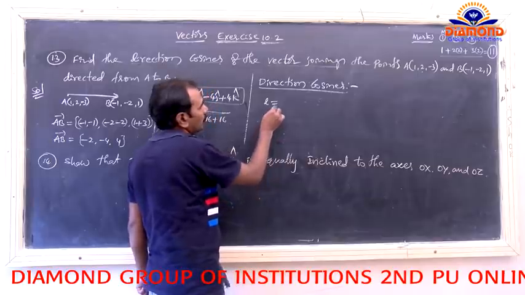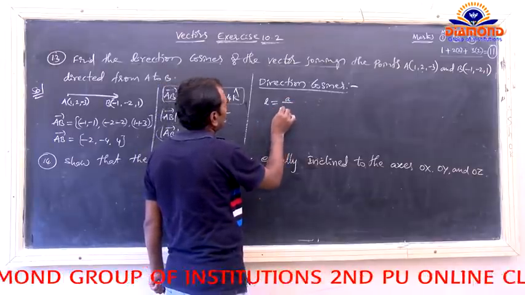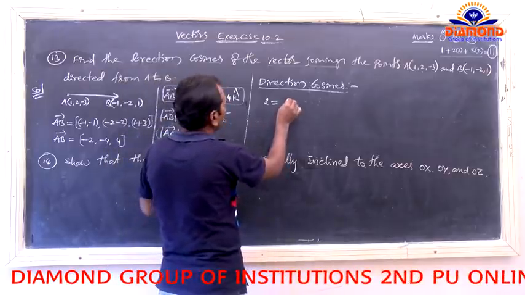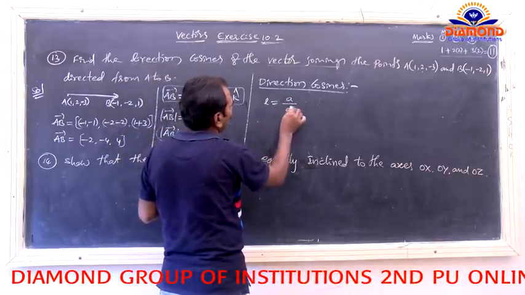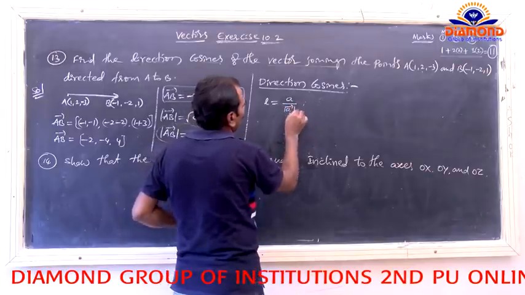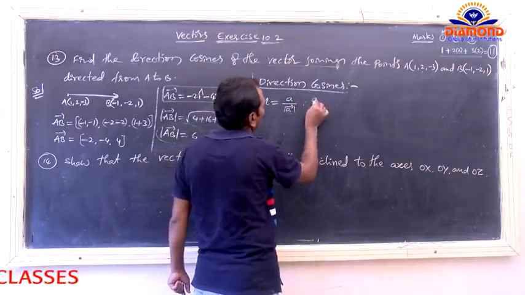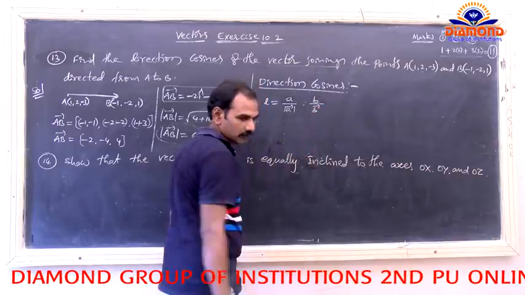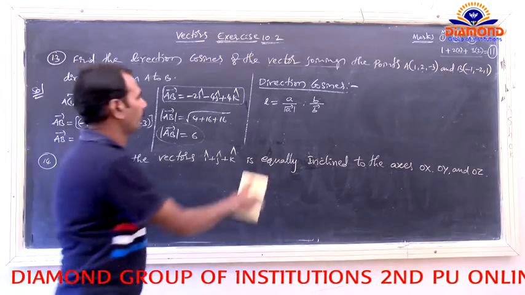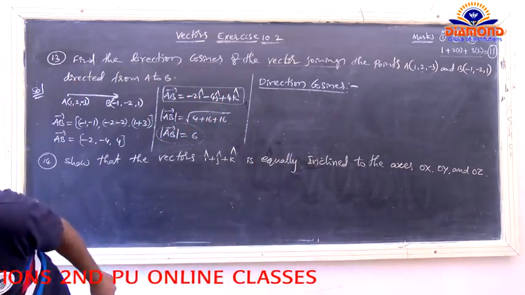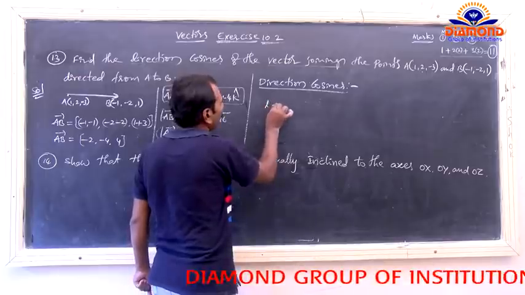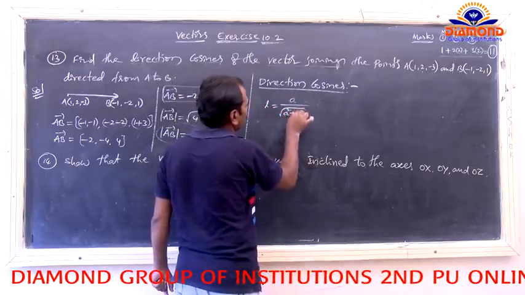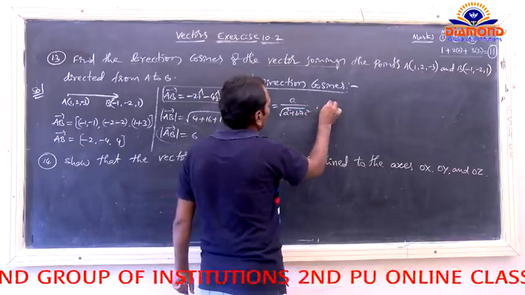Direction cosines: L equal to A divided by square root of A square plus B square plus C square.